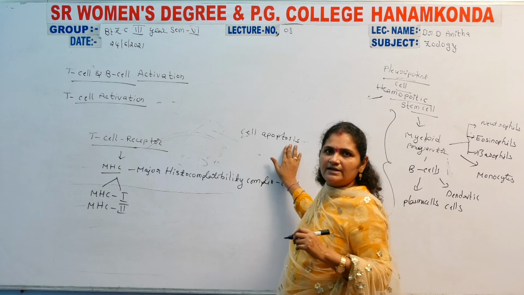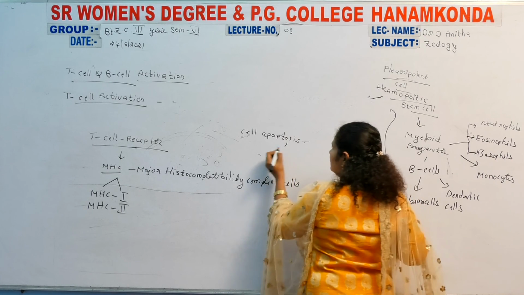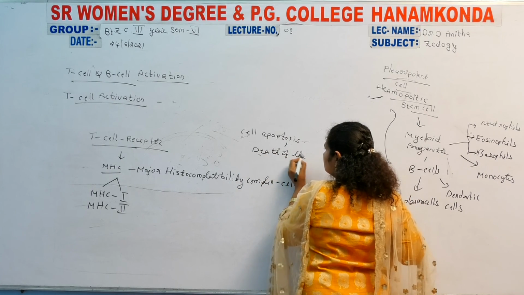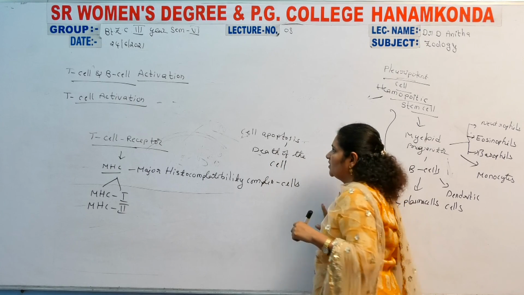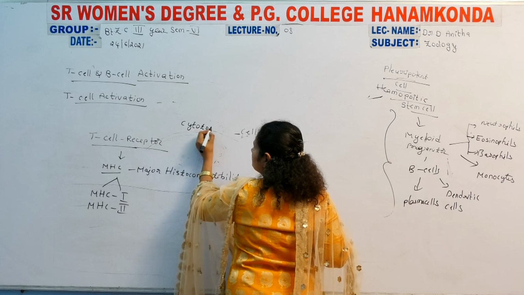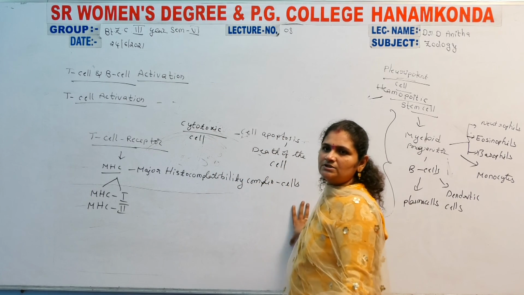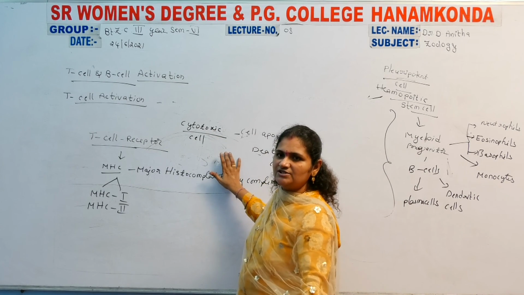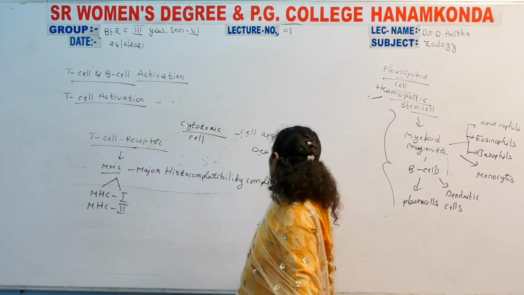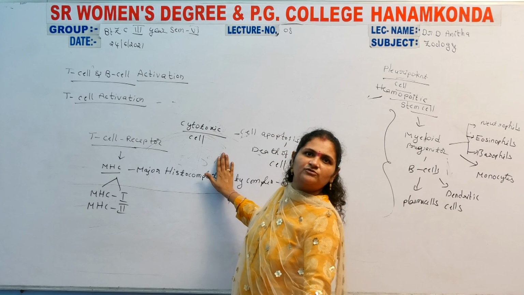It is considered cell apoptosis. Cell apoptosis is nothing but the death of the cell. So if the cell is naturally damaged, then the cytotoxic cell enhances the cell apoptosis, leading to the death of the cell.